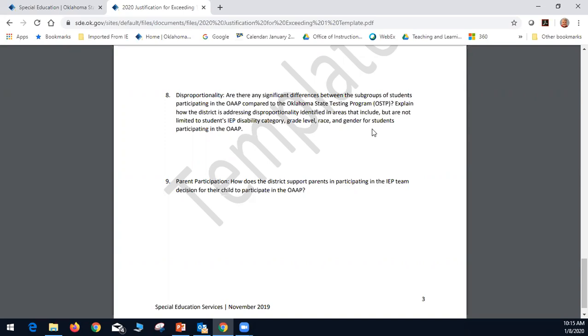For the larger districts, hopefully there's something already being done to look at those numbers to see if disproportionality exists. One thing that we will be doing is looking at last year's testing data for all the districts, seeing if disproportionality exists between the OAP population and the OSTP population. If it does exist, we will be contacting those districts and they will be addressing it.